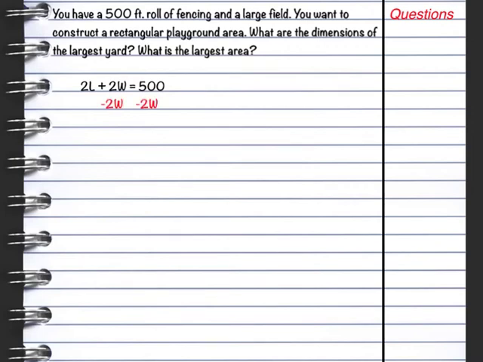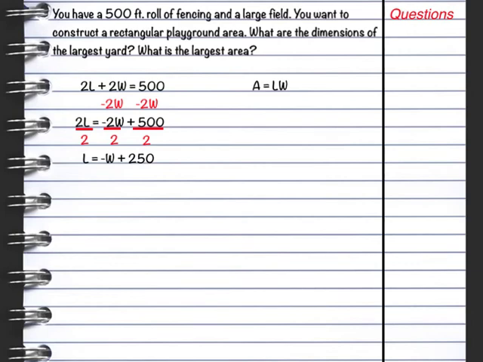I'm going to subtract 2w to the other side, and that's going to give me 2l equals negative 2w plus 500. Divide everything by 2, and then I'm going to have a length equals negative w plus 250. And so now I've got the length of what my field would be. So area equals length times width.